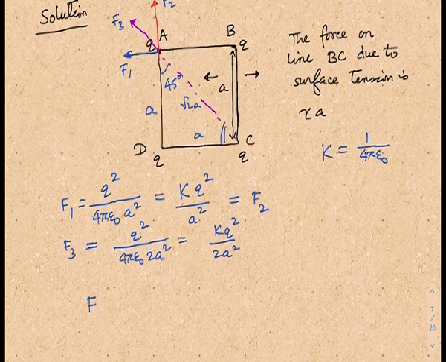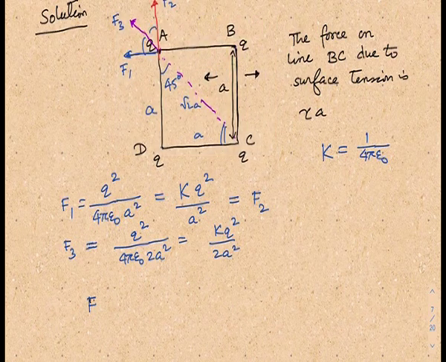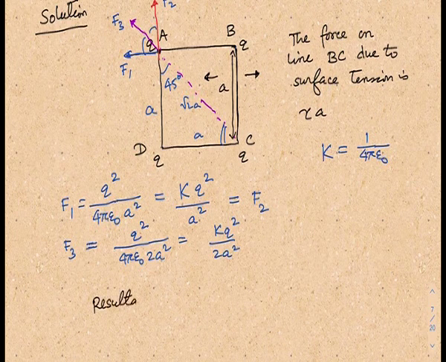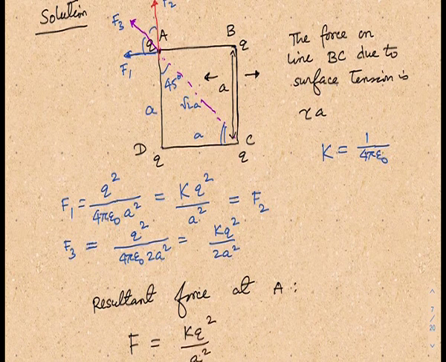So this is your 45 degree, this is 45 degree. So the resultant force, let me write, resultant force at the point A would be, say, F is equal to KQ square by A square.